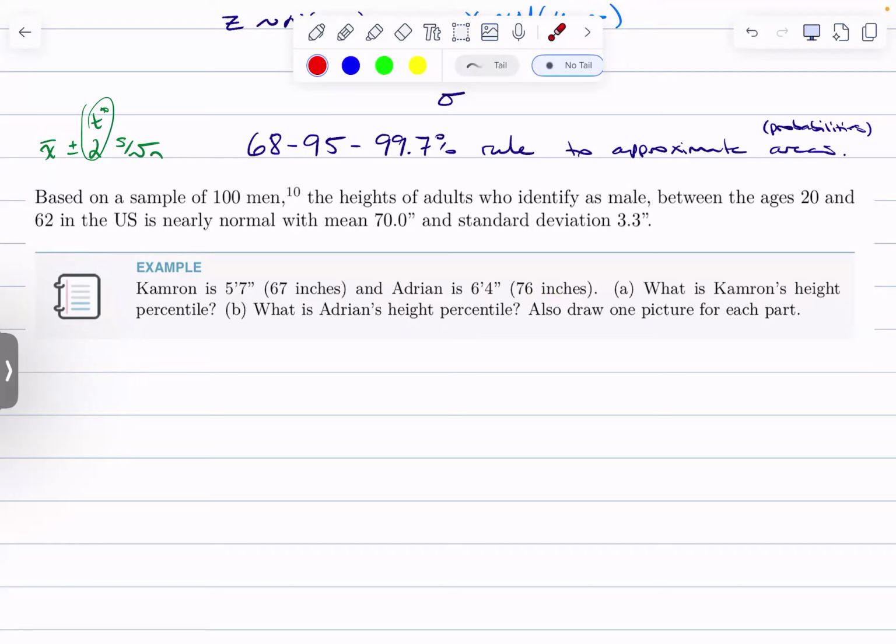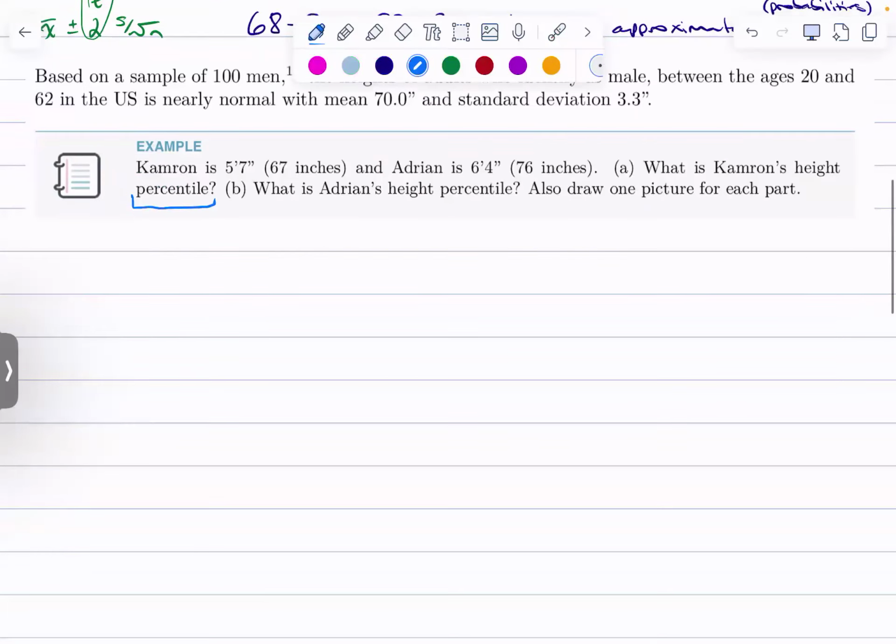What's Cameron's height percentile? Remember, a percentile is, right, the percentage below. We'll focus on Cameron's height, and then we'll do Adrian's height, because they'll behave the same way.